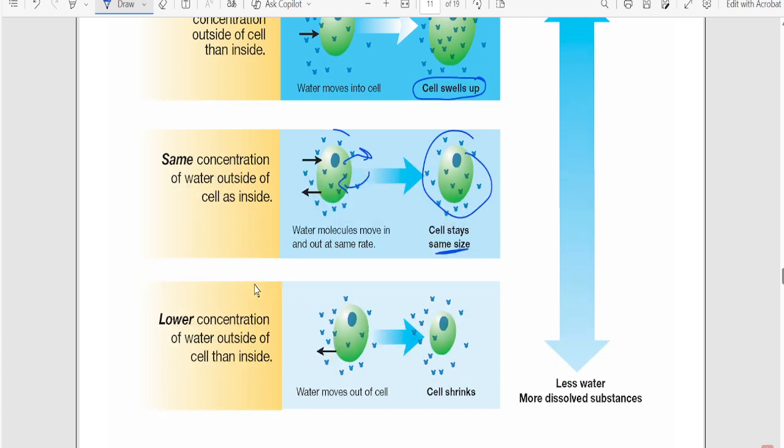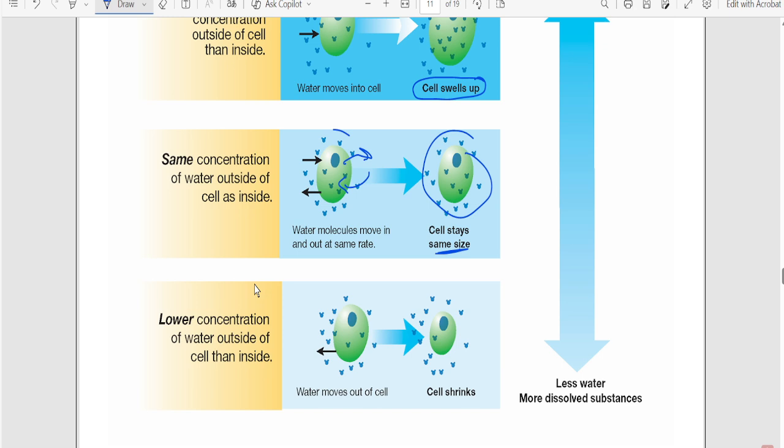And in the third case, where we have lower concentration, is it the one that shrinks? Where do we have lower concentration, inside or outside of the cell? Inside it's lower.